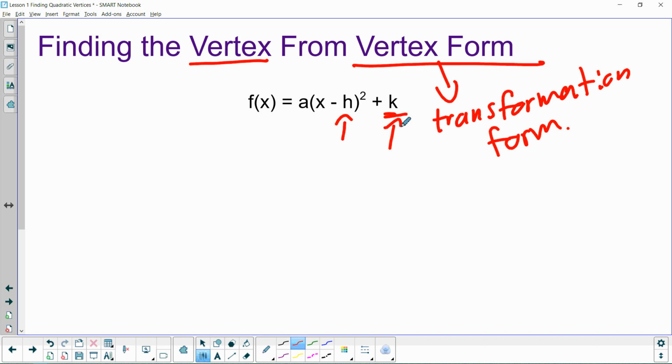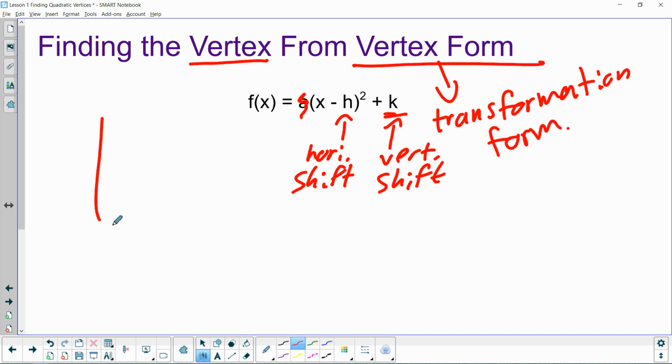And vertical shift. Right, and then A does some stuff, but whatever. It's not important for the vertex. So because it's telling us how far our graph is going to move left and right. Oops, that's not a very good line. Let me try that one more time. There we go. Imagine not drawing a straight line with a line tool.